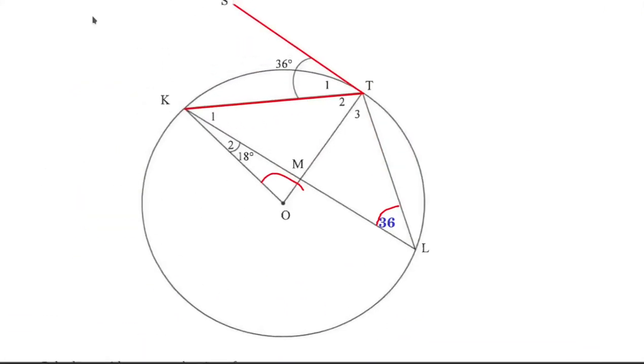So maybe let me put this one here. We'll take it down to the working space. KOT is equal to 2 times angle L. Angle at the center is twice the angle at the circumference.